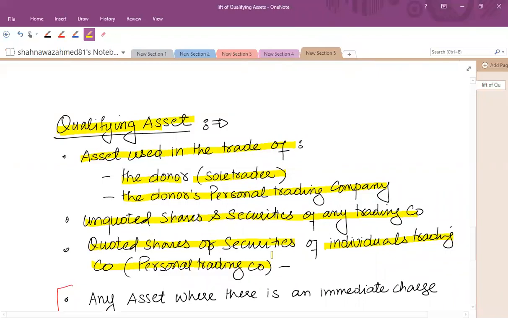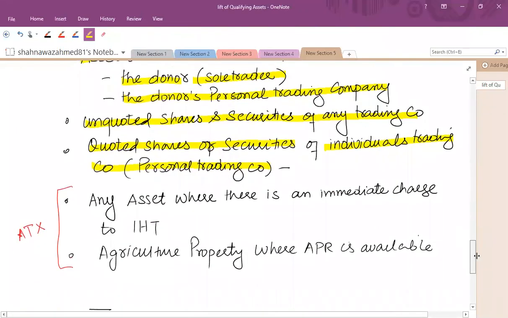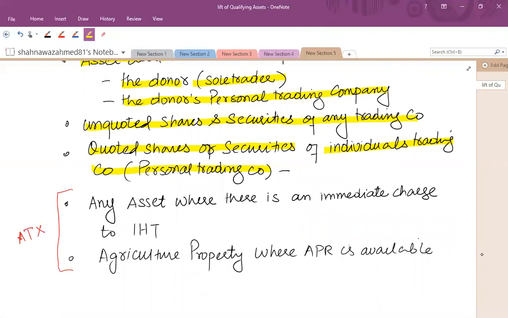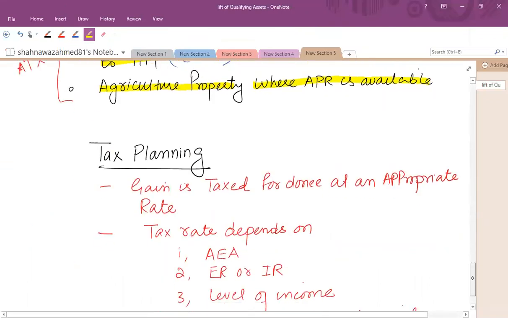No employment requirement is needed. There are additional two conditions, but they are not relevant for the TX exam, they are for the ATX exam. Any asset where there is an immediate charge to IHT, such as a CLT, and agricultural property, provided the conditions of APR are available.